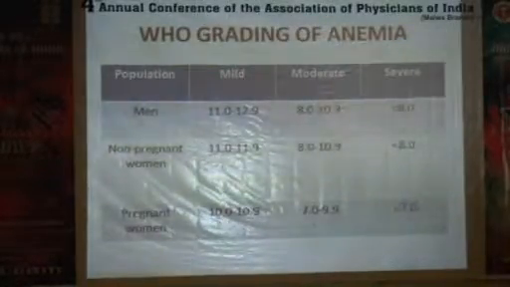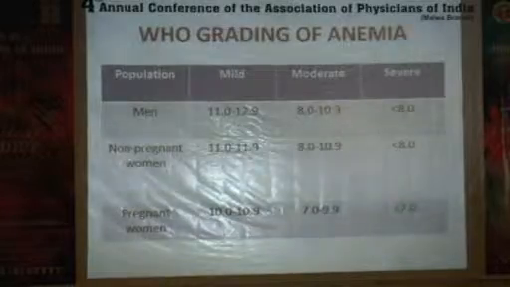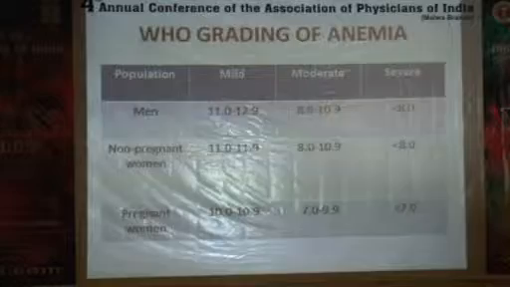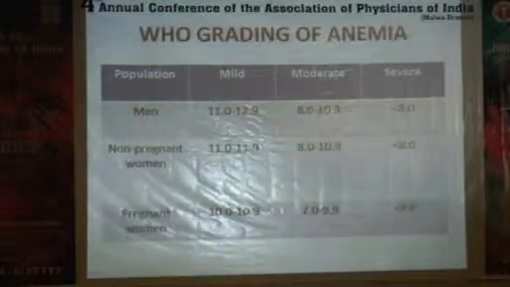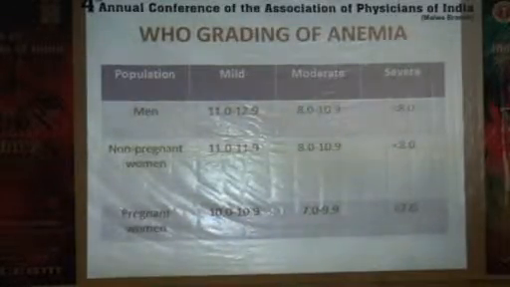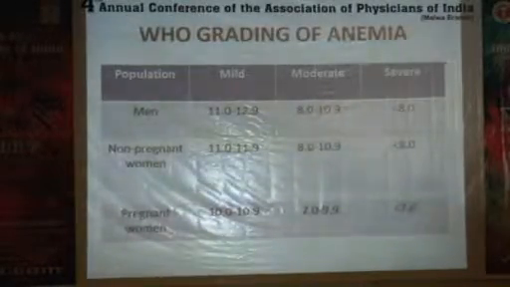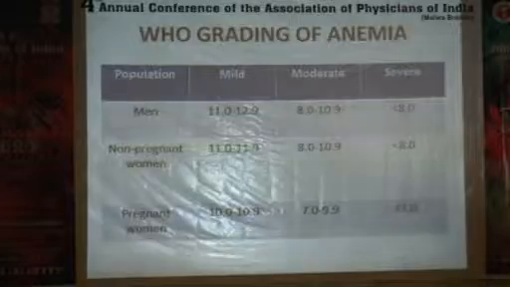Now this is grading of anemia. When we grade anemia, we divide the population into 3 types: males, pregnant females, and non-pregnant females. Why? Because in pregnancy, we have a compensation as far as anemia is concerned. We have 1 gram of compensation.